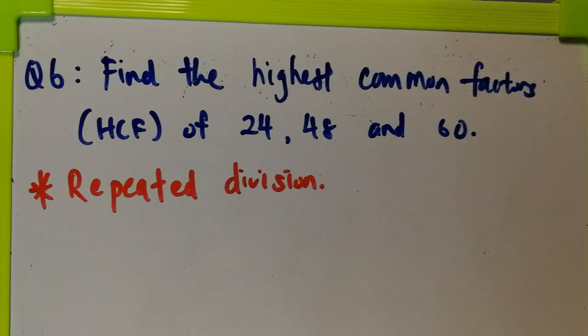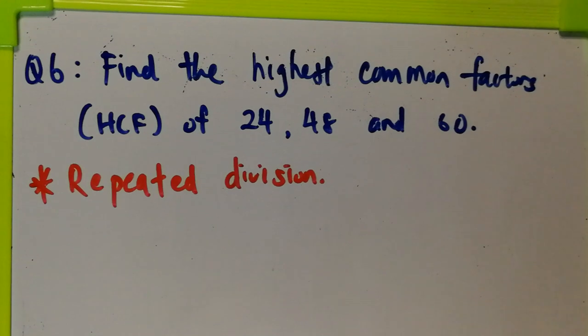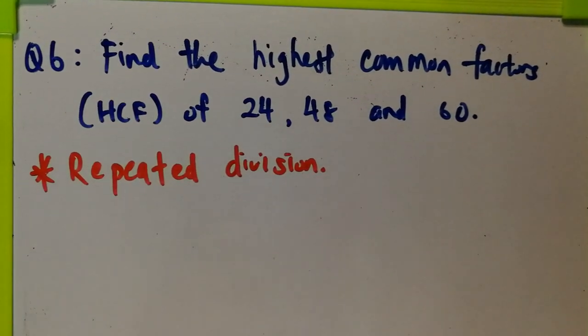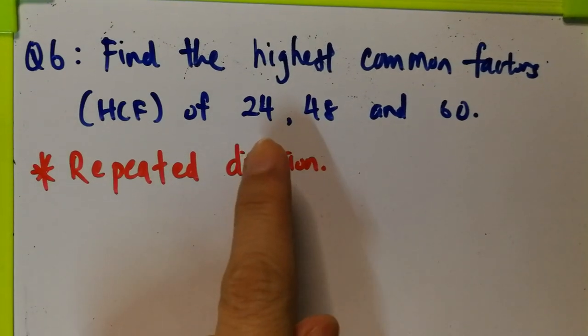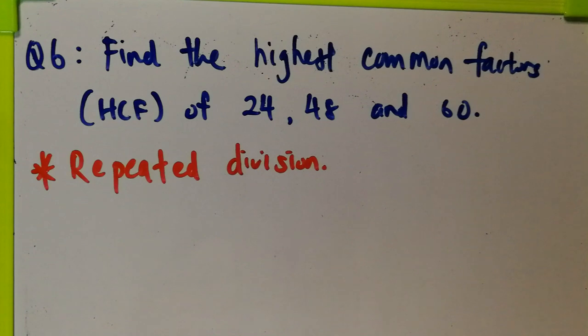Next we move to our final question, which is about the highest common factors. Here the numbers are 24, 84 and also 60.